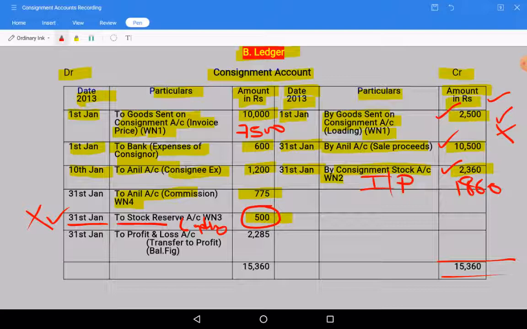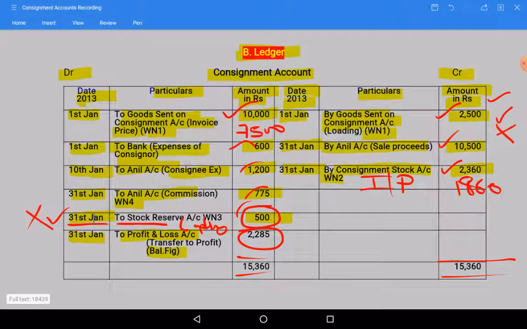From 15,360, if you deduct 10,600, 1,200, 775 and 500 rupees, you will get the balancing figure 2,285 as profit on consignment, transferred to the P&L account. These all will be on the closing date, 31st January. Okay, hope till here you have understood.